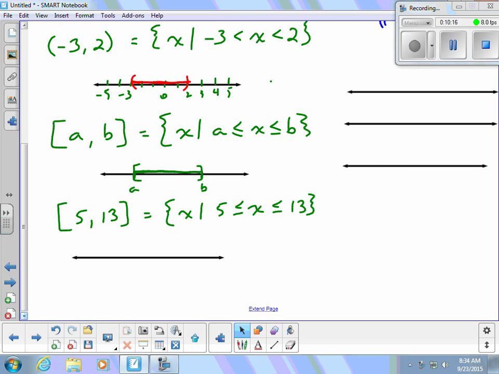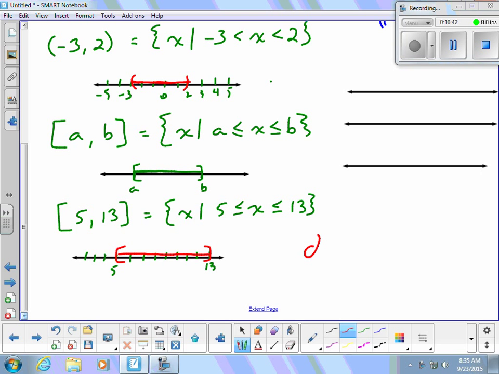So again, on a number line, we could show this, again, maybe using a different color. We're going from 5 to 13, and we put a square bracket on to show that we're including the endpoints.